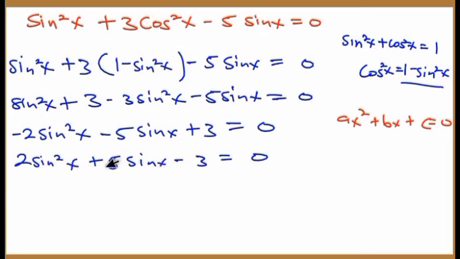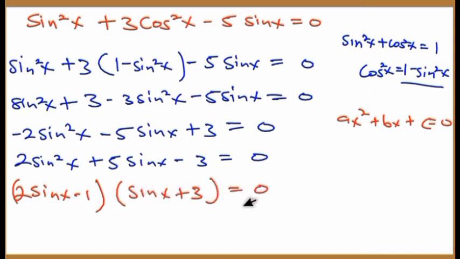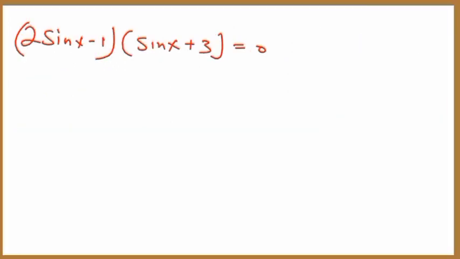After the factorization, you have (2 sin x minus 1)(sin x plus 3) equals 0. So now we have 2 sin x minus 1 equals 0, and sin x plus 3 equals 0.